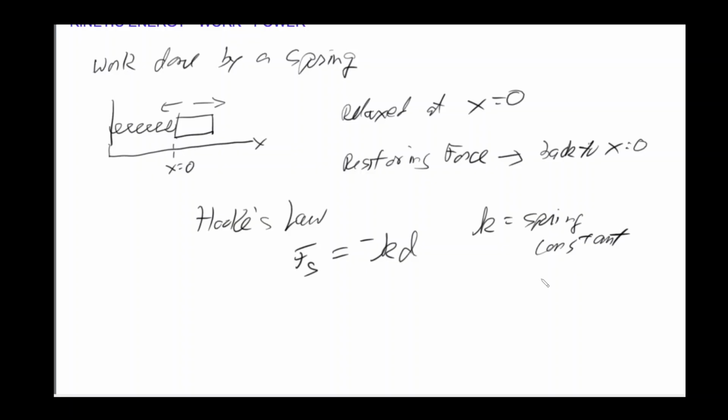And the units for that are newtons per meter. The minus sign indicates that the spring force is always opposite the direction of the displacement d, trying to return it back to x equals 0.